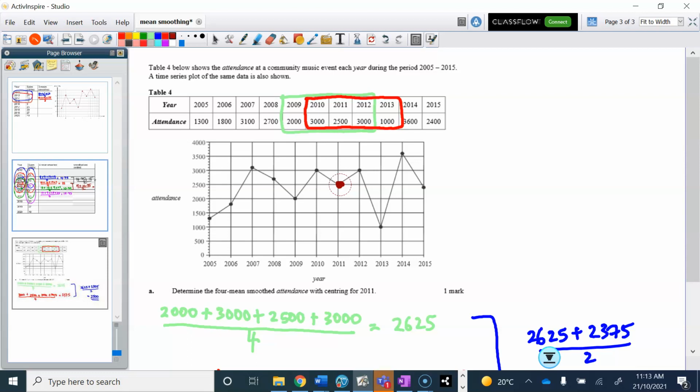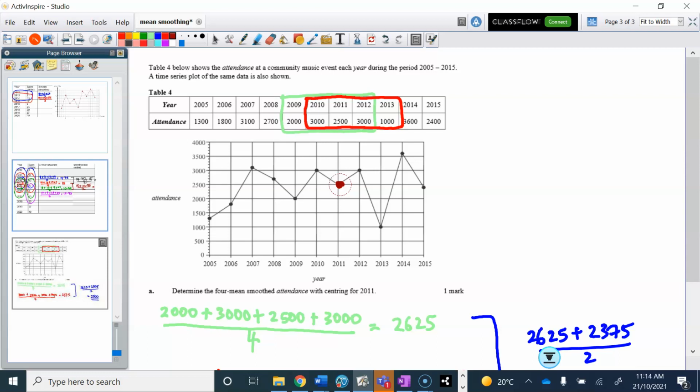You can see they're in the light green. I've circled around 4 years, and that puts 2011 in the 3rd position. And then in the red I've circled again, and that puts 2011 in the 2nd position out of the 4.